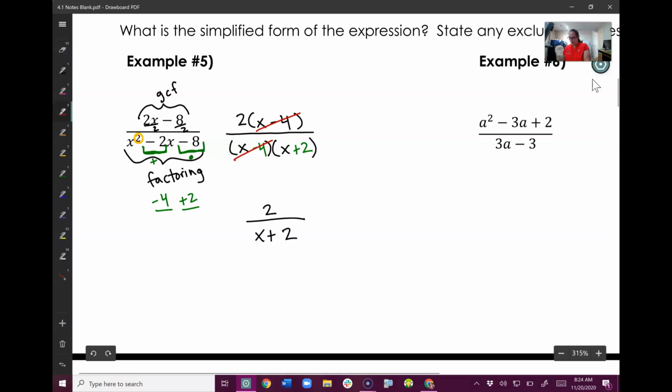And quick reminder, can I cancel those 2? No, I can't, because that 2 on the denominator is glued to that x. So I cannot cancel them. That's a glue term. So that would be my final answer.